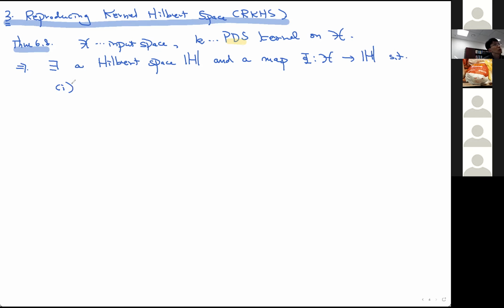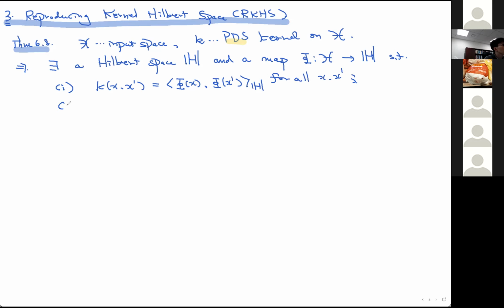The first exactly expresses the kernel, so the kernel has the representation that I told you before. K of X and X prime can always be expressed by taking the inner product of phi of X and phi of X prime over this Hilbert space, for X and X prime.